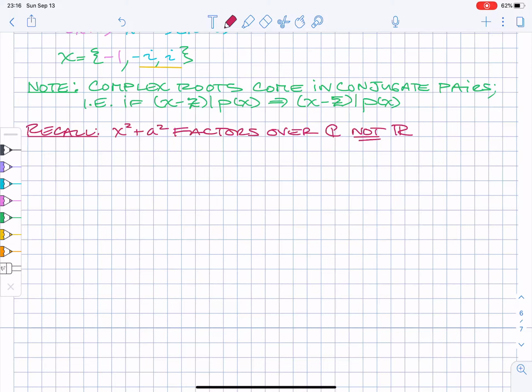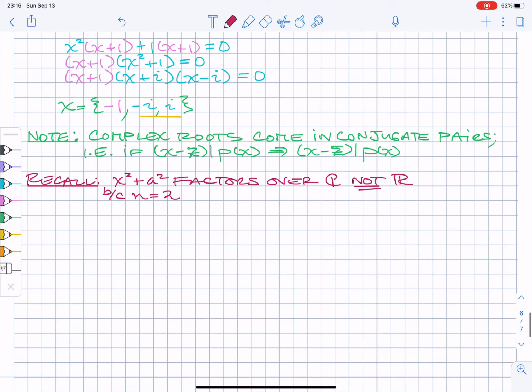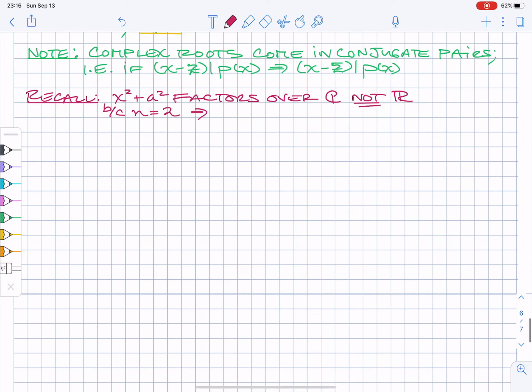Because n equals 2 is the power on x, this implies 2 complex roots by the fundamental theorem of algebra.